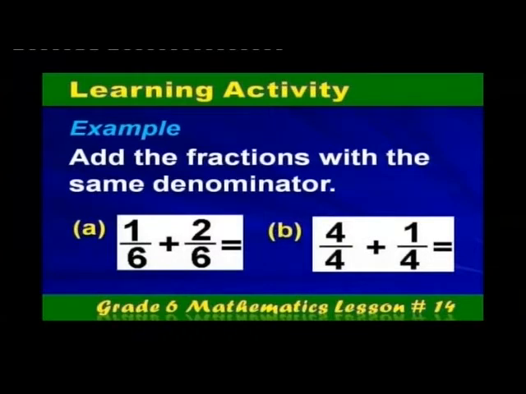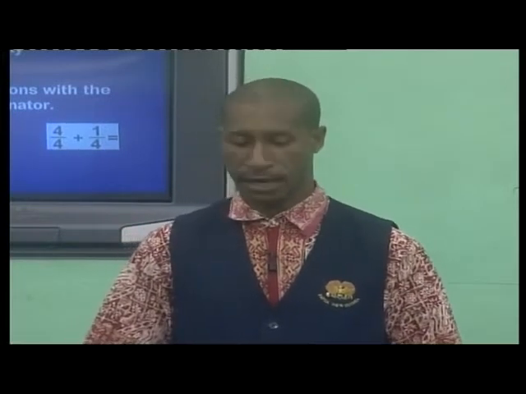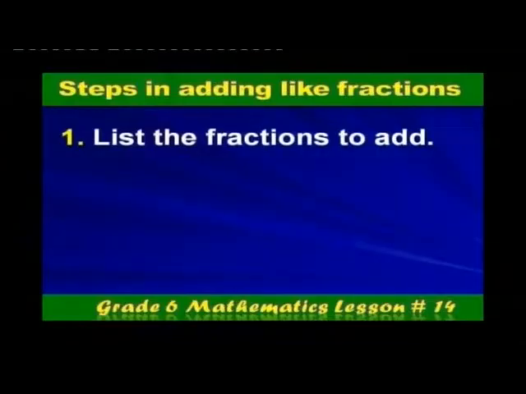There are certain steps that we will apply when we are adding fractions with the same denominator. We will apply them step by step in each of the examples. Let us start off with the first example, which is 1 over 6 plus 2 over 6. Steps in adding like fractions.